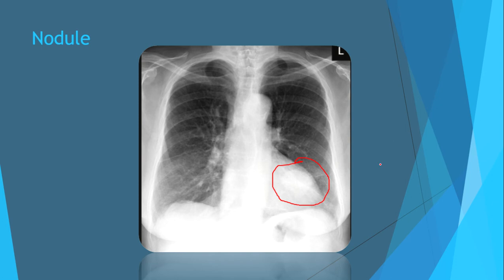This is a very difficult sample, I understand, but you must always be ready that the shadow of the heart or another structure can hide from us a different structure that we didn't expect to see. This is a nodule, obscured by the heart shadow.